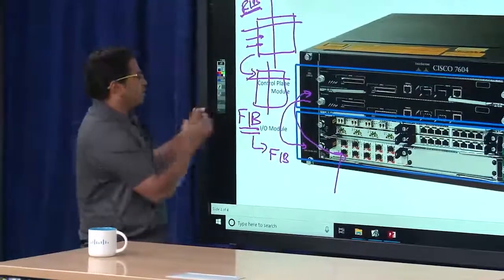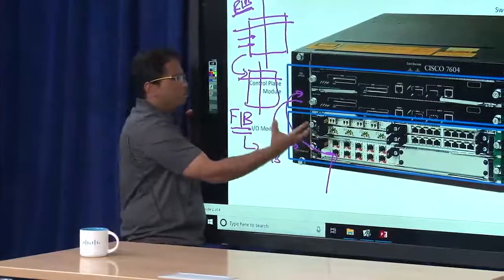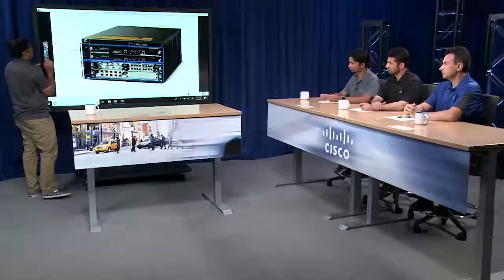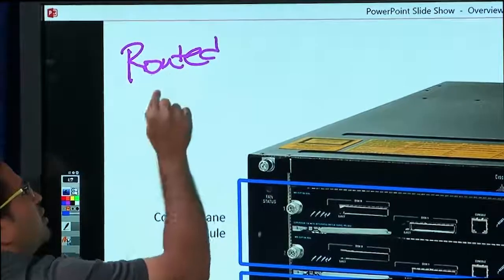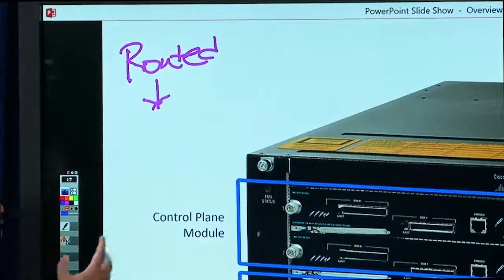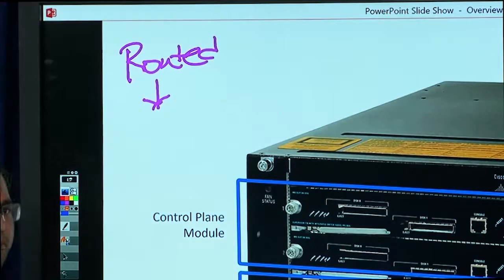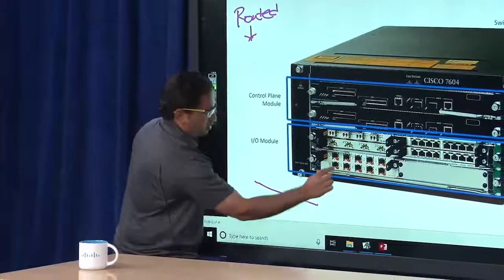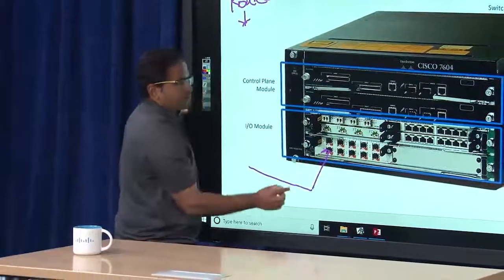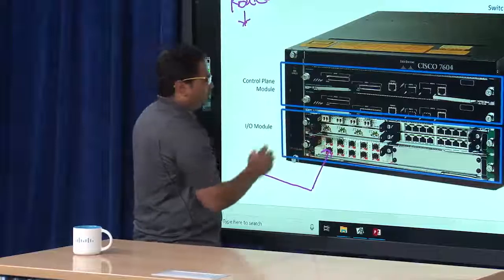Okay. So what does the I/O module do with this FIB? Remember the second type of packet, the routed packet. This is the actual data that you want to transfer from one end of the network to the other end. So the routed packet makes it into the port on the I/O module.